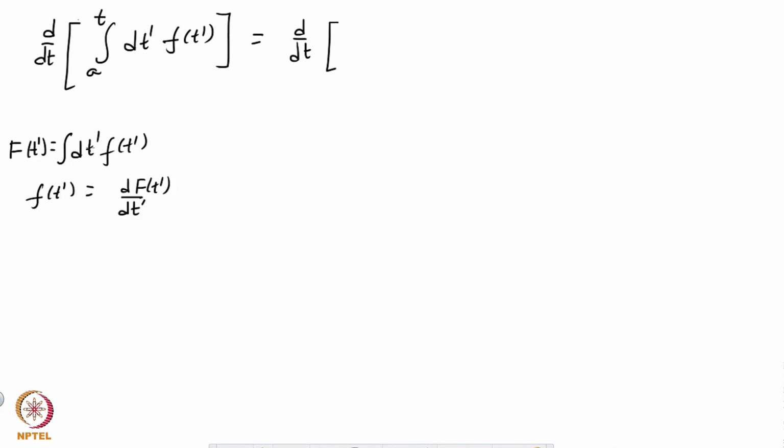If you integrate, you get this. If you differentiate, you get this. So capital F is the integral of small f. So when you integrate this, you get capital F, and you should put t prime equal to a and t prime equal to t, which is d over dt of the integral.